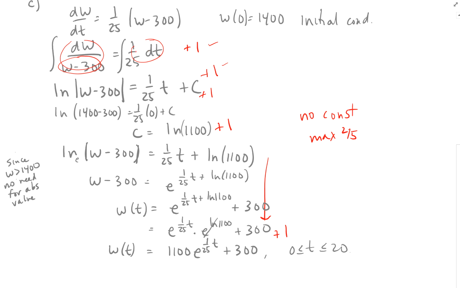If you didn't separate the variables, your max score is 0 out of 5, because that's the only way you can do it. So when you have to solve a differential equation, you have to separate the variables. Okay, there you go.